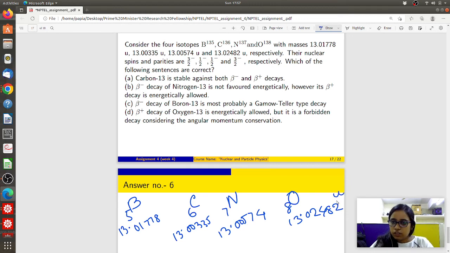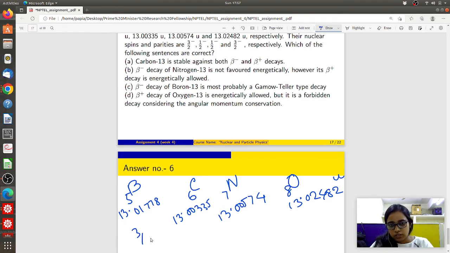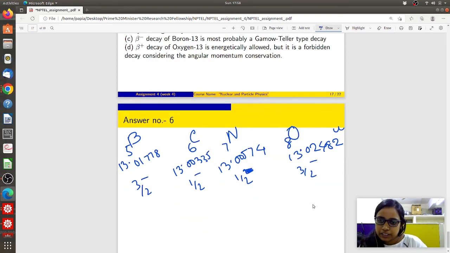All are in u units. And the spins: 3/2 minus, 1/2 minus, 1/2 minus, and 3/2 minus. So this type of data is there.